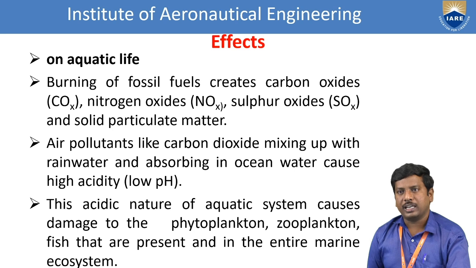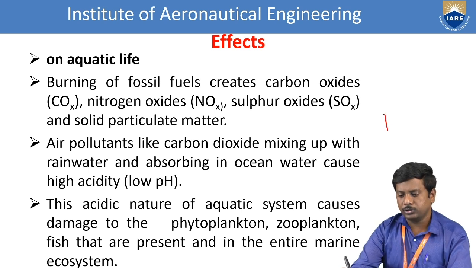Air pollutants like carbon dioxide mixing with rainwater and absorbing in ocean water cause high acidity. That means the value of pH will be very low, because pH is inversely proportional to the concentration of H+.